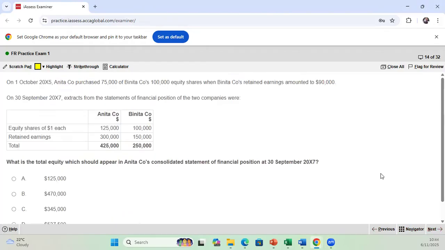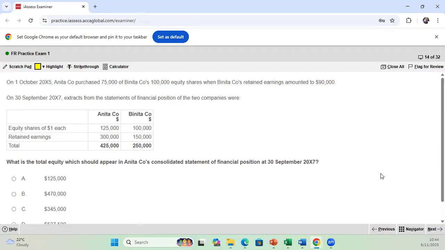Okay, let's move on. On 1 October 20X5, Anita Company purchased 75,000 of Benita Company's 100,000 equity shares when Benita Company's retained earnings amounted to 90,000. On 30 September 20X7, extracts from the statement of financial position for the two companies were as follows.